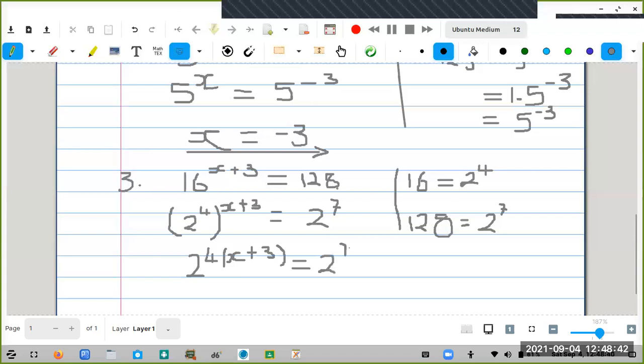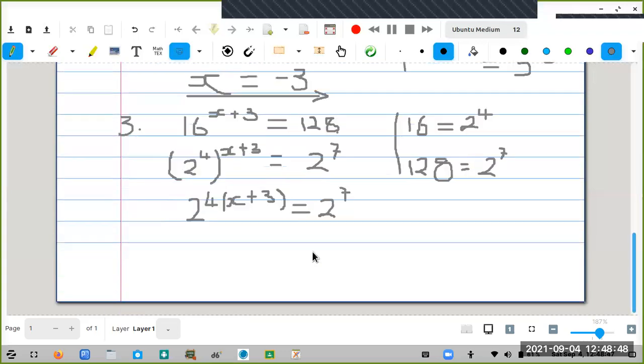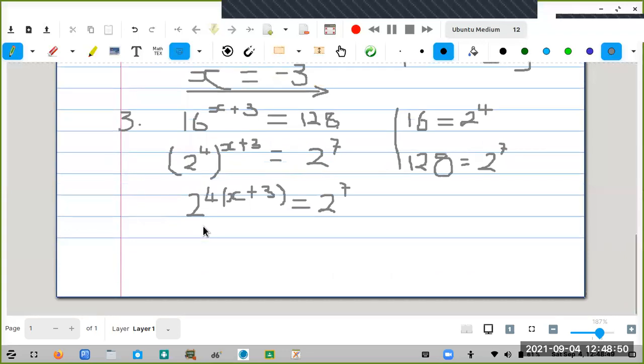Now, we now have a simplified exponent, which means that according to our rule number 3, if we've got the same bases, then we equate the exponents, which means it's now 4.